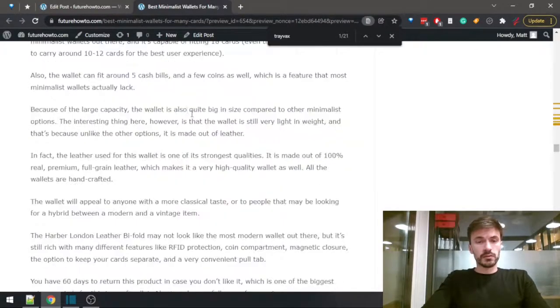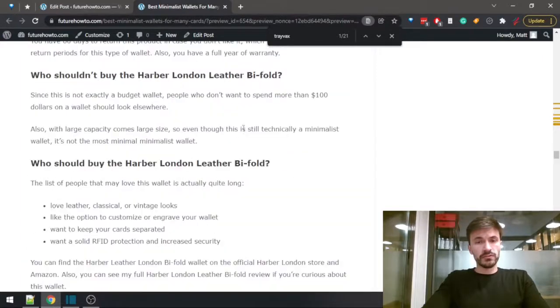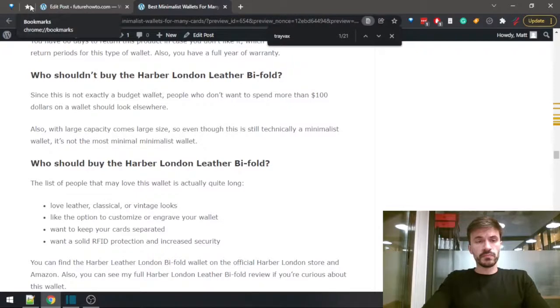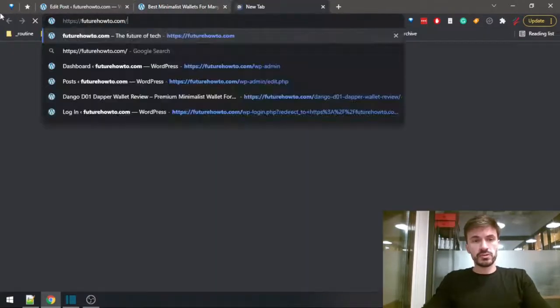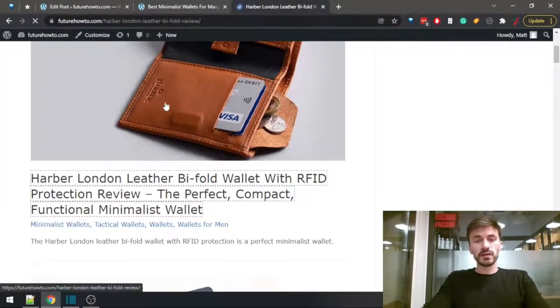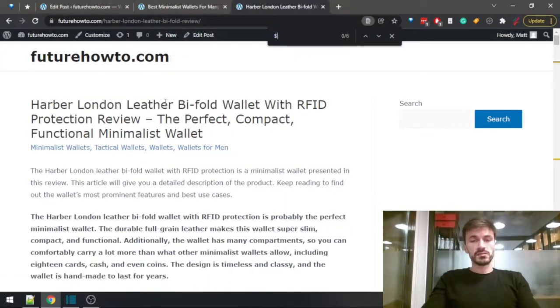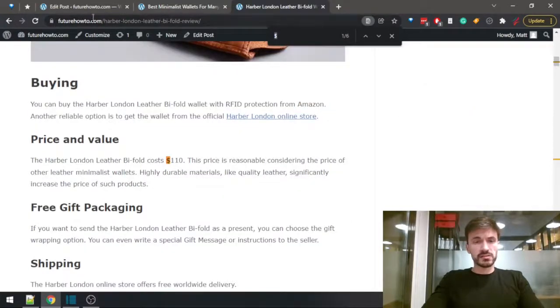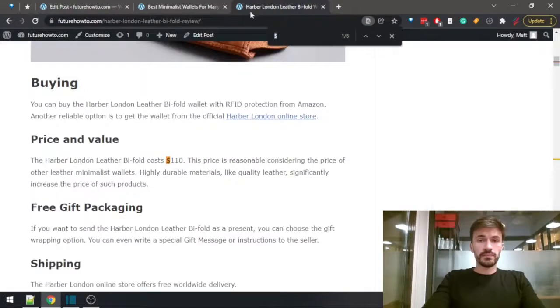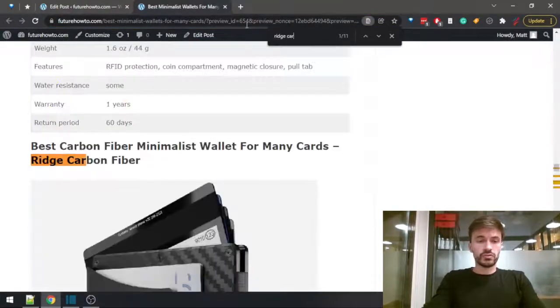Harbor London Leather Bifold. I think I published this one just in the middle of, yeah, there we go. So it's already live and the price is 110. Ridge Carbon Fiber.